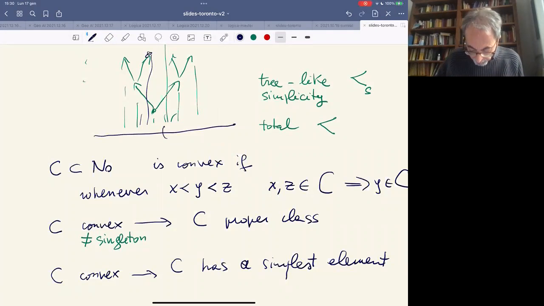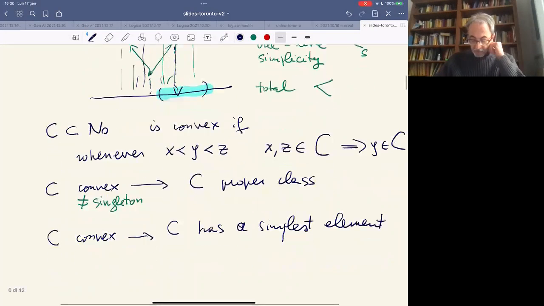If you take something like this, probably the simplest element is going to be this. It is the simplest in this convex set. No, 0 is outside.